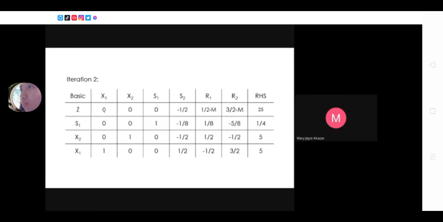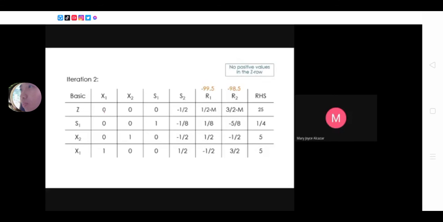So this is the resulting values for iteration 2. So check if you still have positive values in the 0. So our S2 is -1/2. Our R1 is 1/2 minus 100. So that is -99.5. R2 is 3/2 minus 100. So that is -98.5. So we don't have any positive values in the 0.